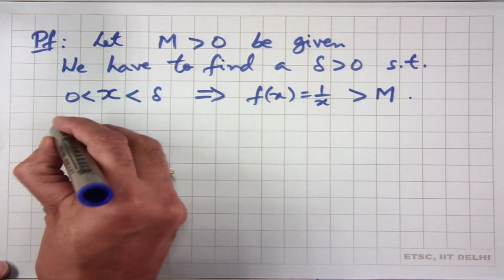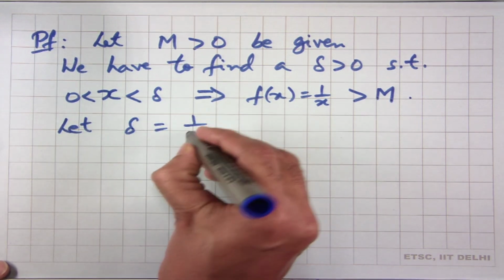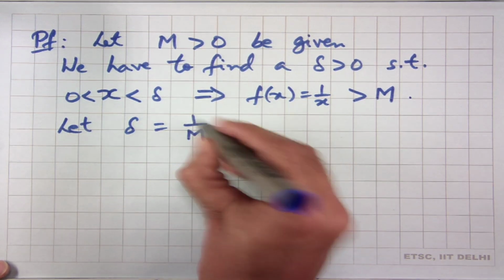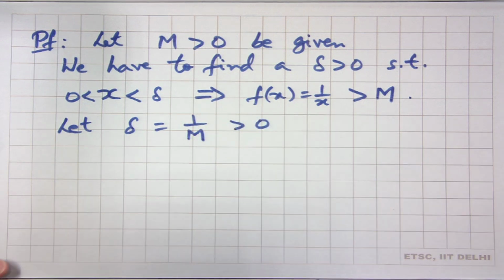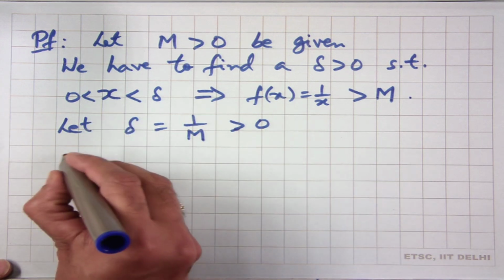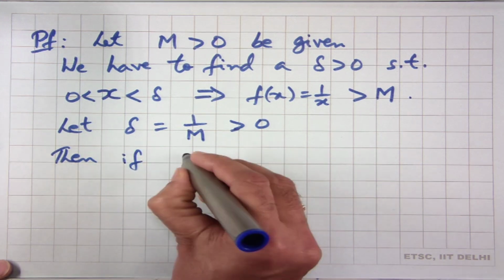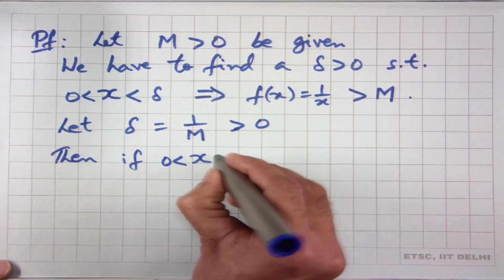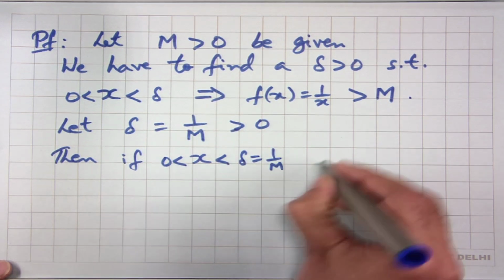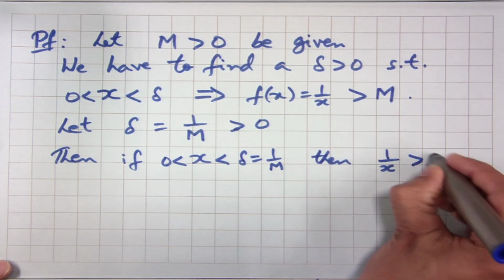So, let delta be equal to 1 by m. Since m is a positive real number, this delta is a positive quantity, and then if x is bigger than 0 and less than delta, which is equal to 1 by m, then 1 by x is bigger than m.